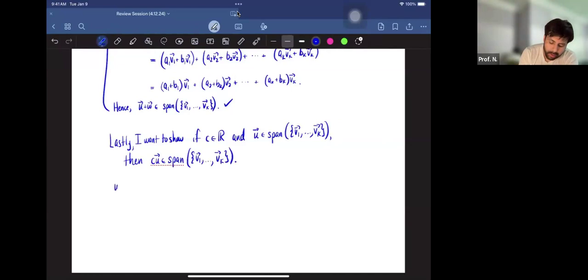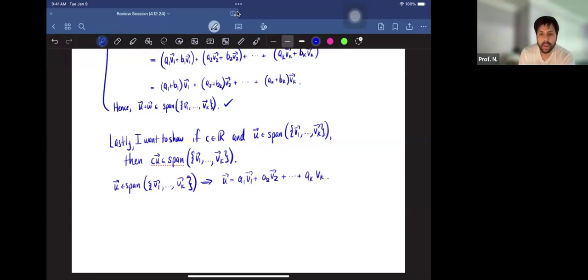Using the span means that there exist scalars such that U can be written as a linear combination. Okay?